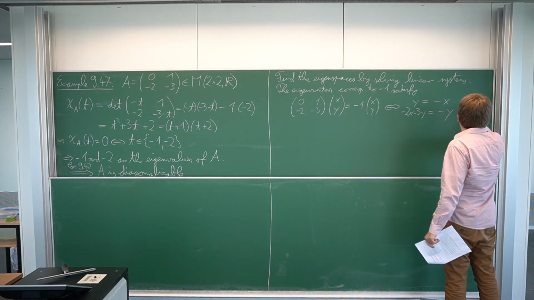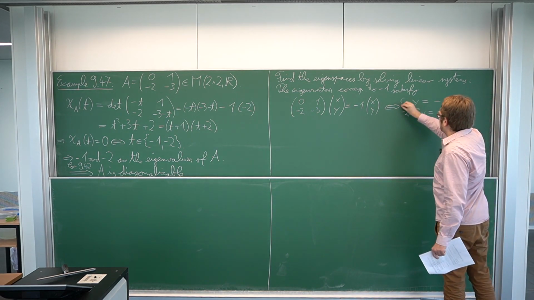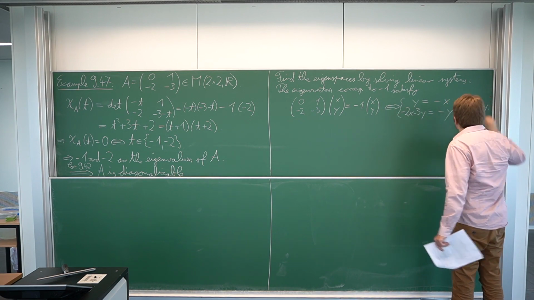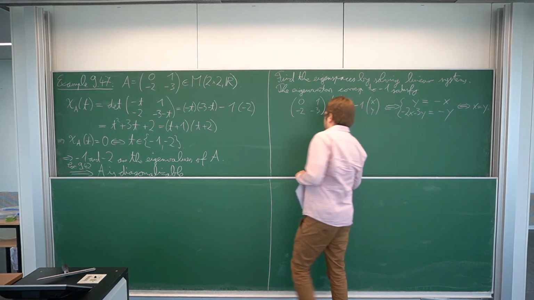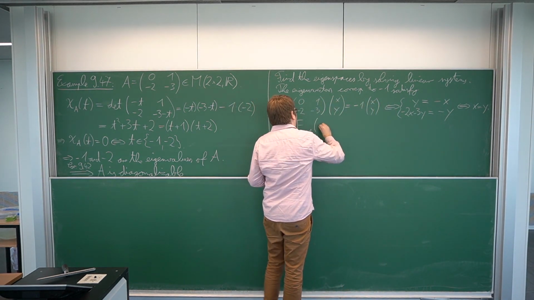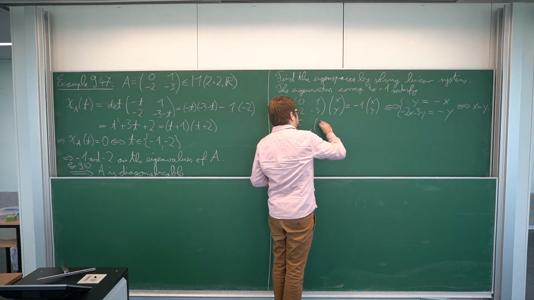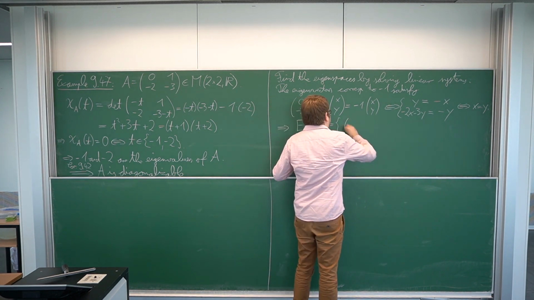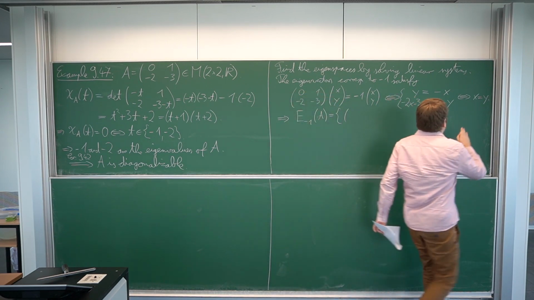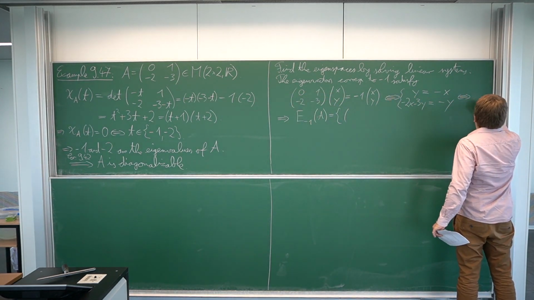And when we compute here in this setting, these 2 equations are satisfied if and only if x is equal to y. So the eigenspace E minus 1 of A is simply given by all the coordinates for which, not x is equal to y, x is equal to -y.